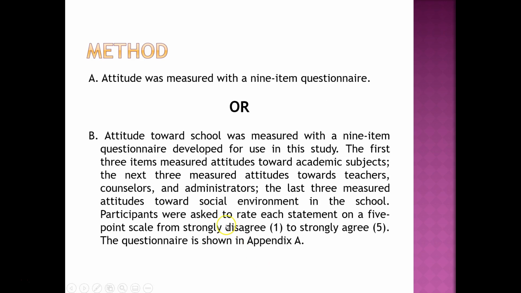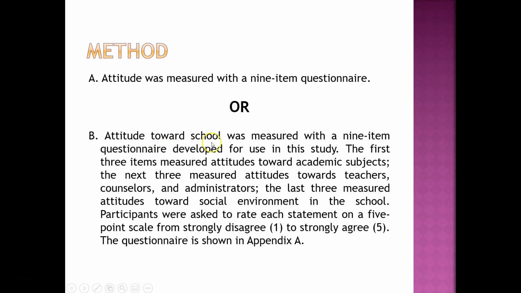We'll talk about how you describe the materials that you use. You need to give enough information so people understand what you're talking about, and you can see the difference here. "Attitude was measured with a 9-item questionnaire." It didn't give you a lot of information, but your materials section might look something like this.